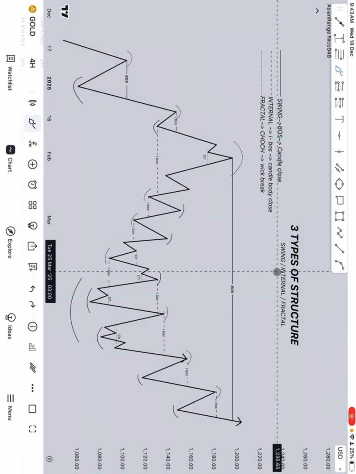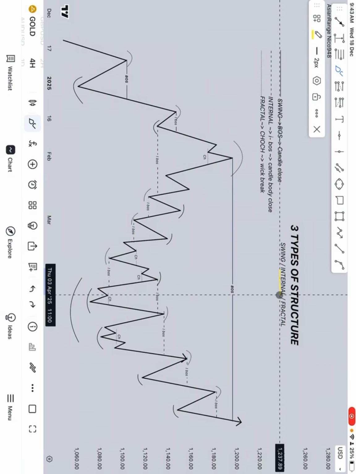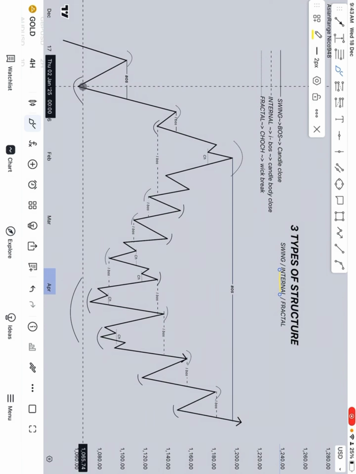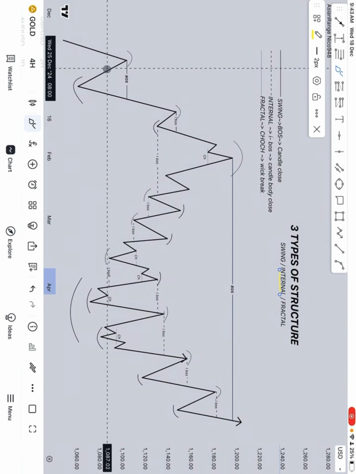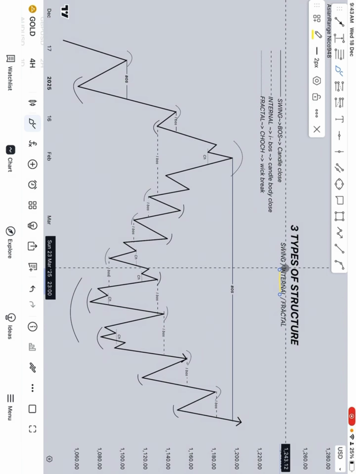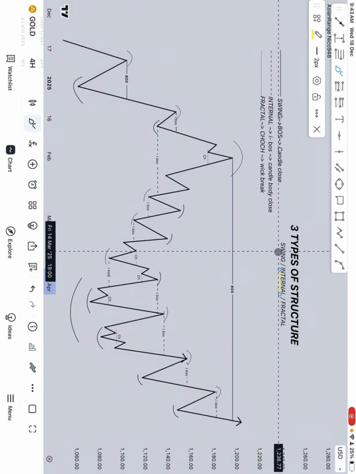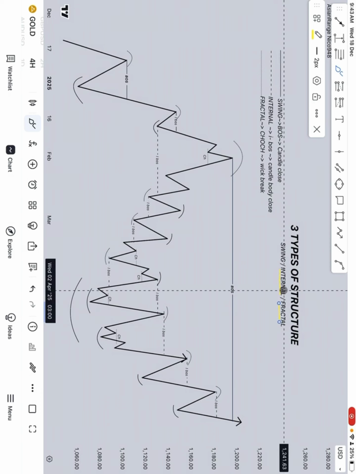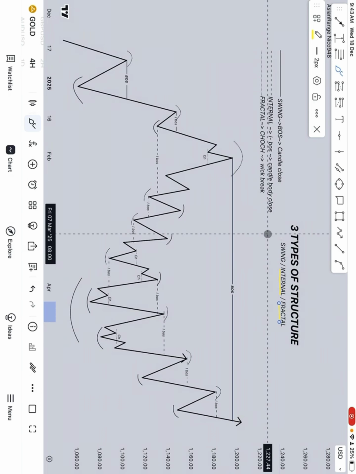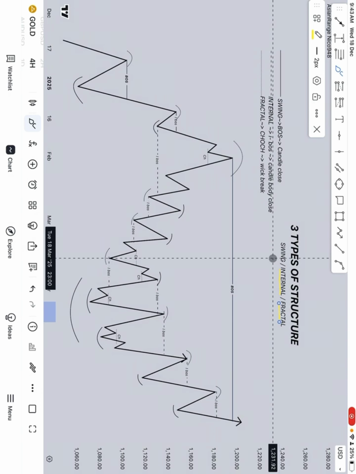So I've already covered swing structure, and now what is internal structure? Internal structures are structures within the swing structure. Then fractal structure is structure within the internal structure. That's as simple as it sounds.